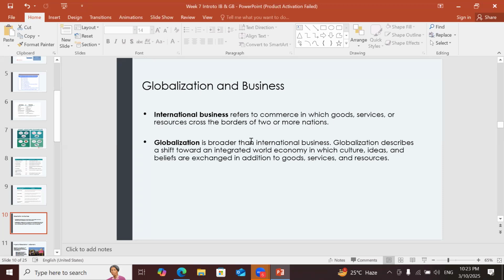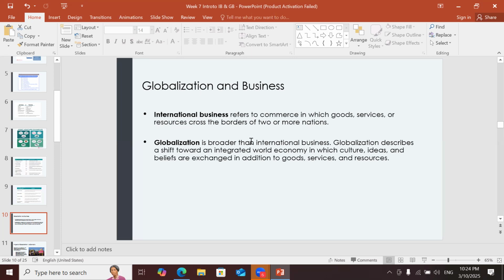And globalization is broader than international business. In international business, products, services, and technology are shared between or among countries. But in globalization, products, services, and also beliefs, customer loyalties, customer behavior, culture, customs, everything are shared with abroad.